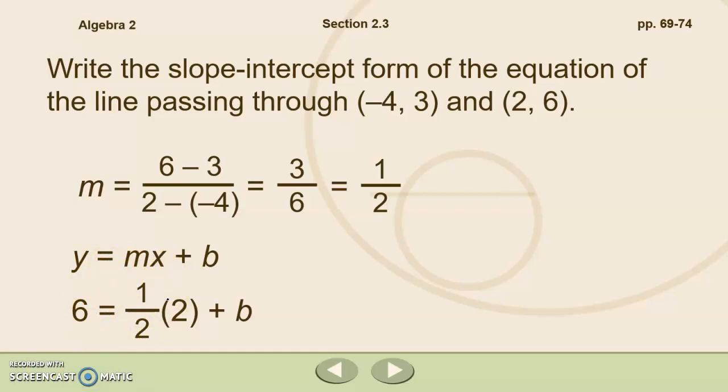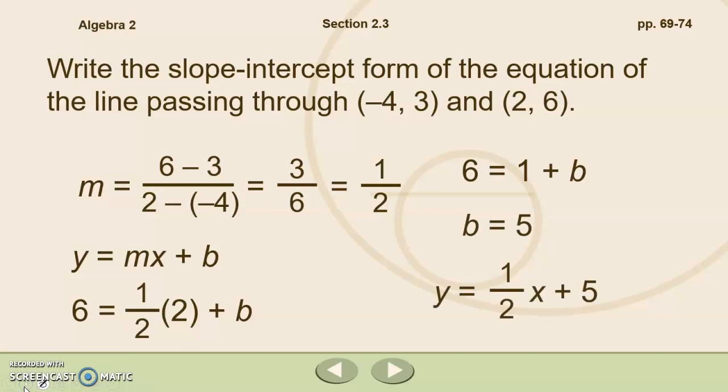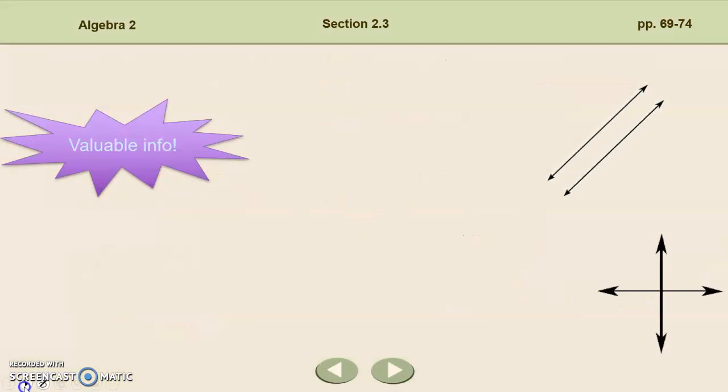It doesn't matter which one you use. With our slope plugged in, we can now solve for the y-intercept. We find b to be 5. We can take our slope and our y-intercept to write the equation of the line, which is y equals 1/2 x plus 5, so that we can plug in any point along this line to find the missing x or y point.